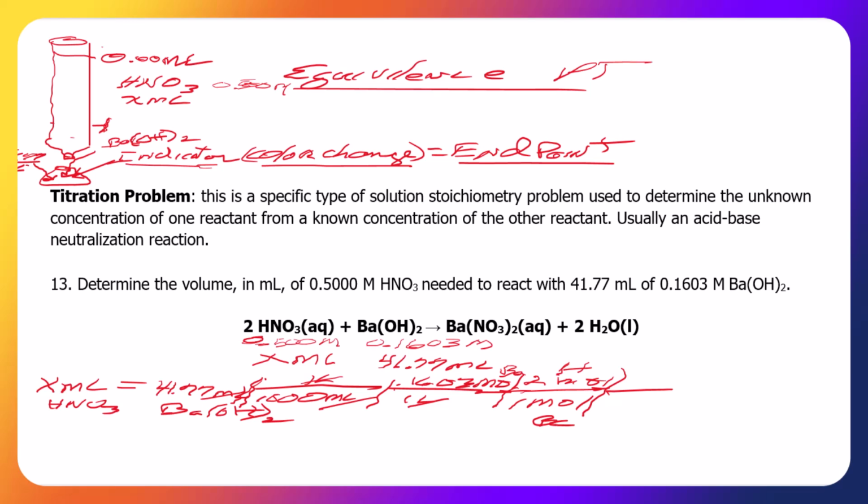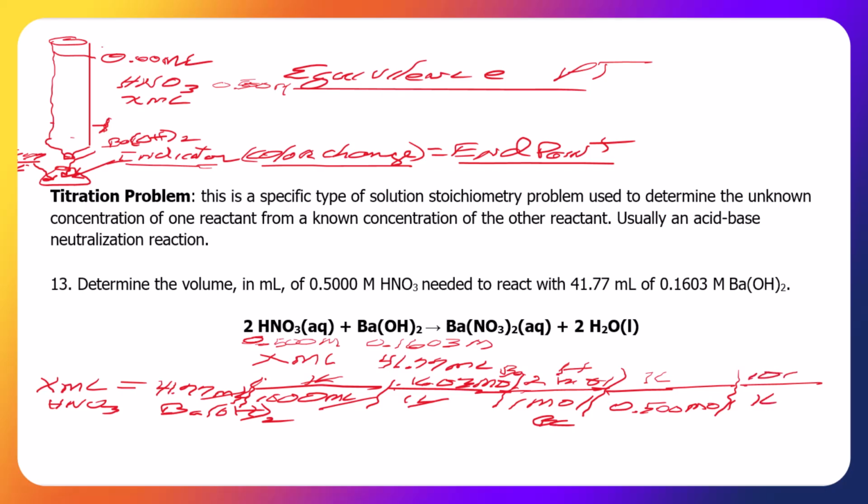Now we know the concentration of nitric acid, so that's going to be 0.500 moles of nitric acid in every 1 liter of nitric acid. Last but not least, let's convert liters to milliliters. How do we do that?